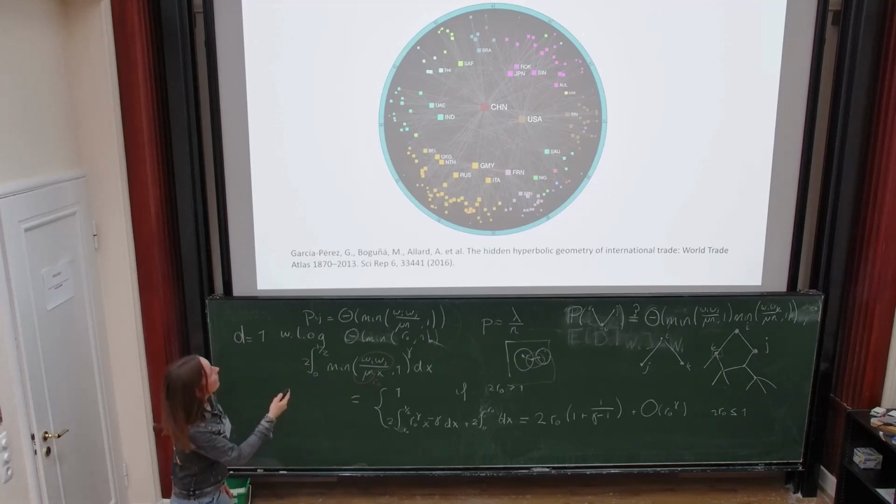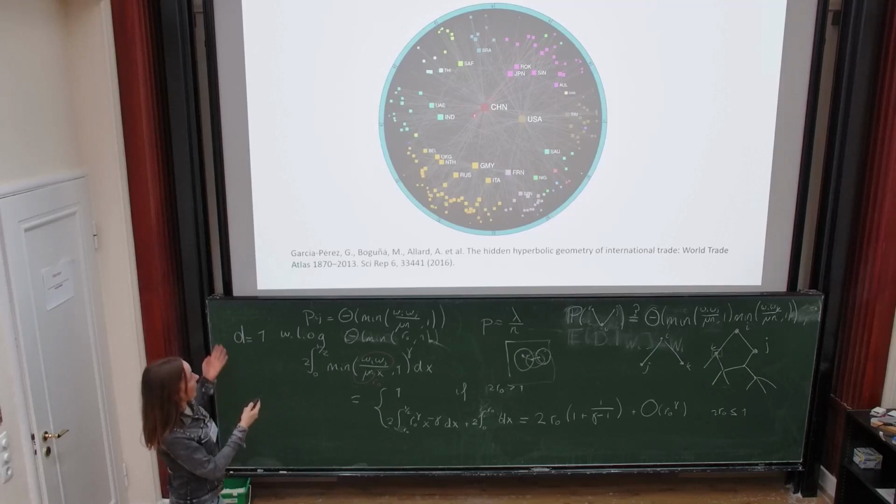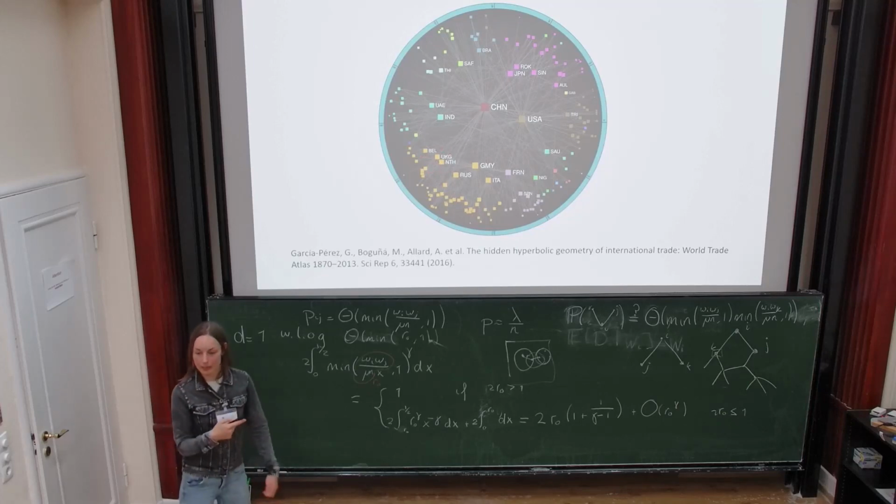But also, if you're more toward the center, then you're very important and rich, so you're also more likely to trade with countries that are far away. If you are Belgium or the Netherlands, you're more likely to stay close to the other European countries.